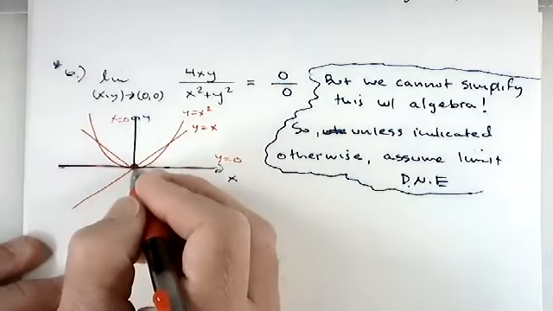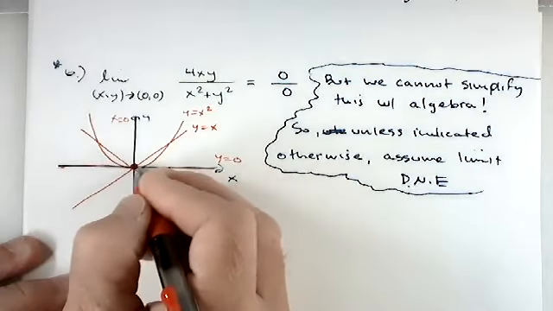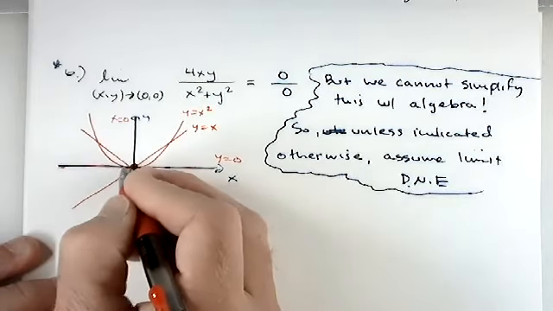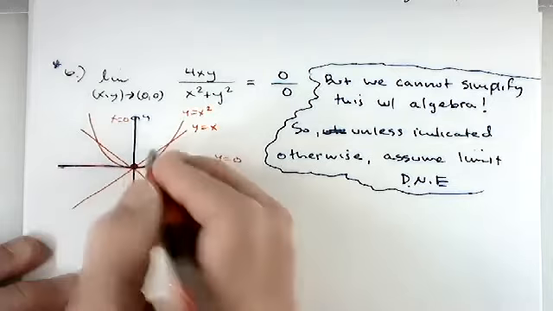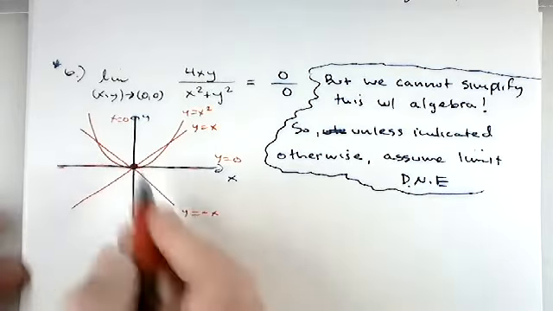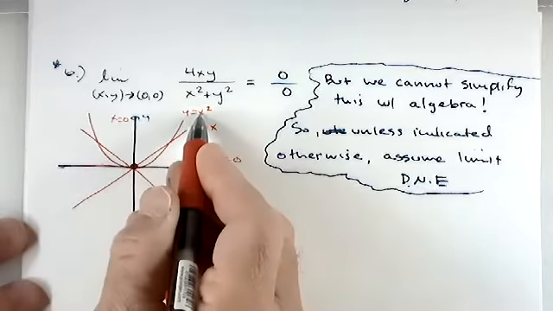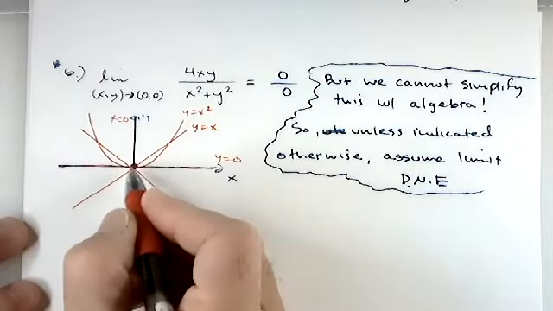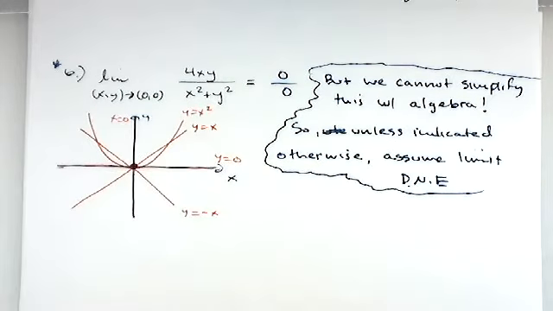That goes through the origin, so I could certainly imagine my x and y getting close to 0, 0 along this pathway, negative x squared, x cubed. The point is, how many pathways, how many equations of graphs can you think of that go through the origin? How many people agree with infinite? There's an infinite number of graphs that pass through 0, 0.